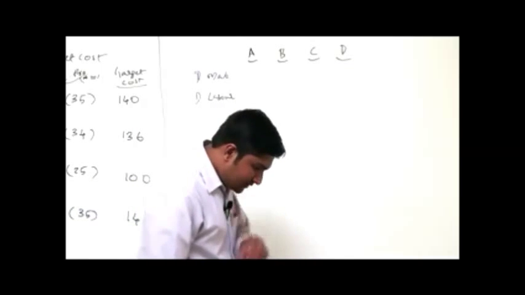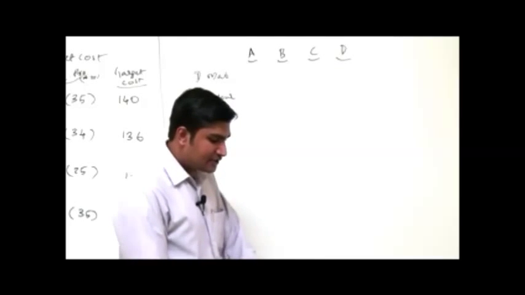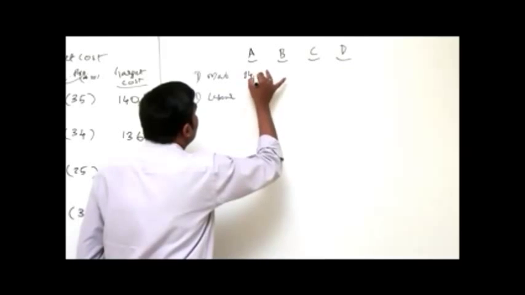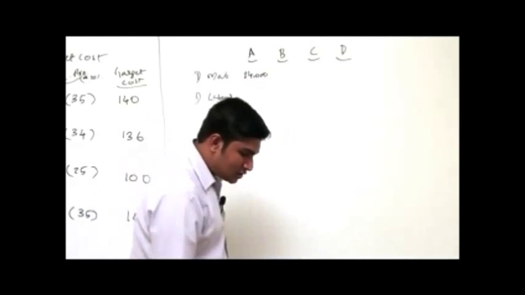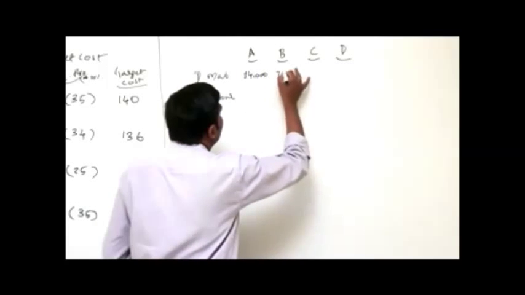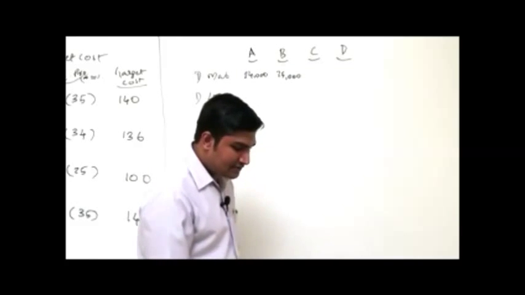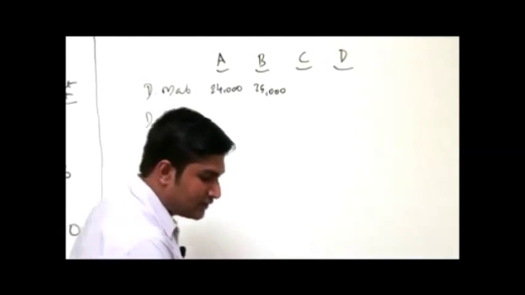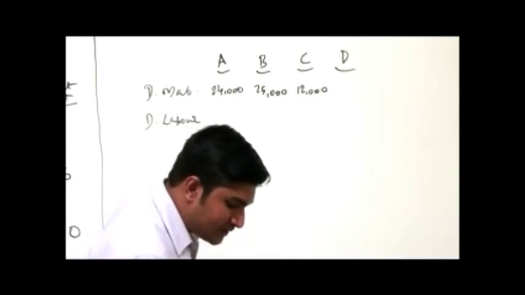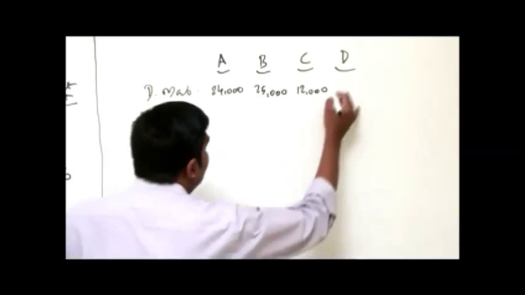Direct material: 600 units of A, per unit requires 40 rupees of material, so 600 into 40 is 24,000. Likewise B, 500 into 50 is 25,000. C, 400 units at 30 per unit, so 400 into 30 is 12,000. And for D, 600 units at 60 rupees of material, 600 into 60 is 36,000.